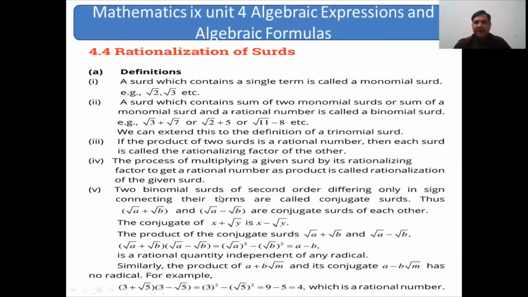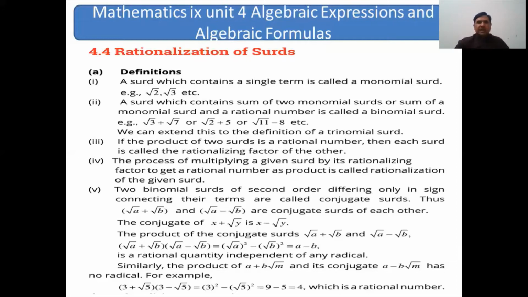Next, two binomial surds of second order differing only in the sign connecting their terms are called conjugate surds. If we have two binomial surds that differ only in sign, one with a positive sign and the second with a negative sign, then we say that these two binomial surds are conjugate surds.